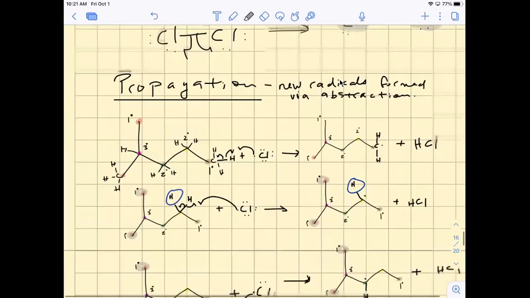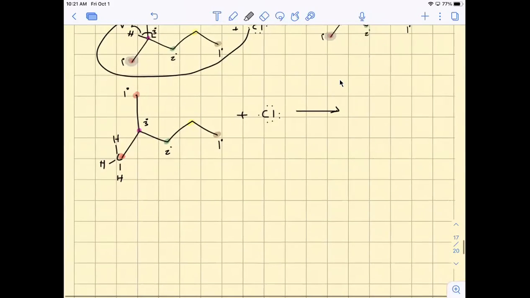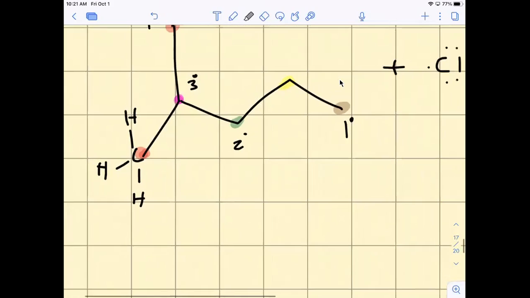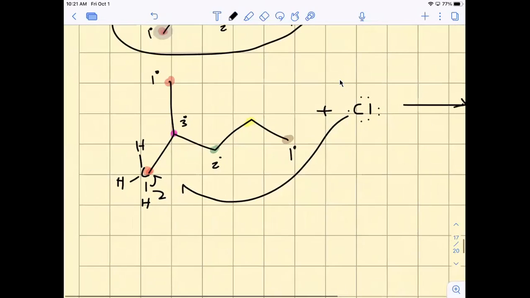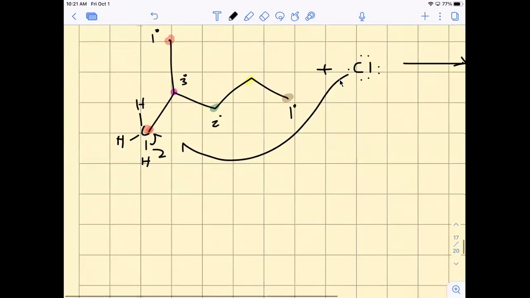Right, so let's go back to here. We're just gonna pluck this off same way. Nothing changes. If you notice, all the arrows are the same, right? Nothing changes. Homolytic cleavage of the CH bond, and then the chlorine is making a bond with hydrogen.